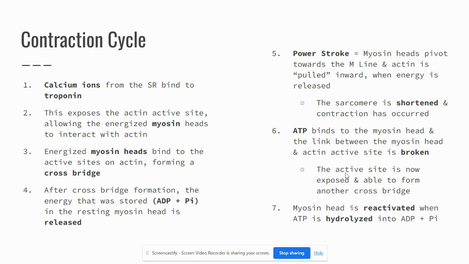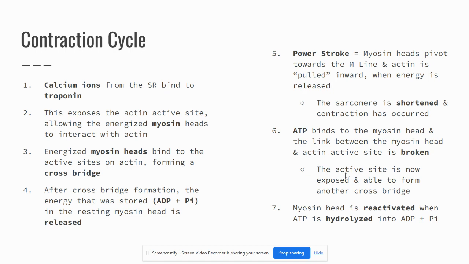As that energy is released, that myosin head is able to pivot towards that M line, and the actin is pulled inward, which means that the sarcomere is being shortened. And as that sarcomere is being shortened, that means that contraction is occurring.